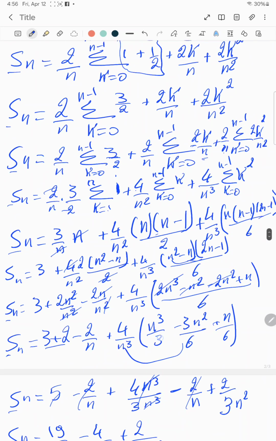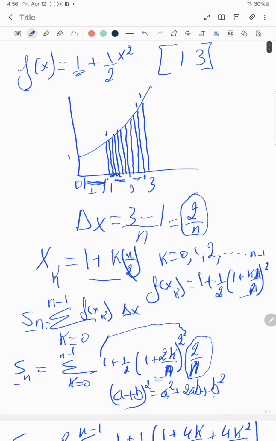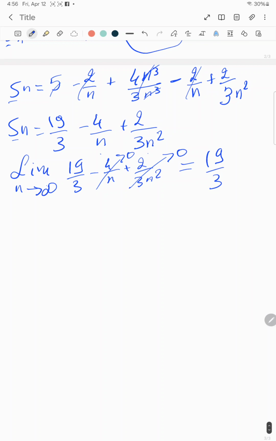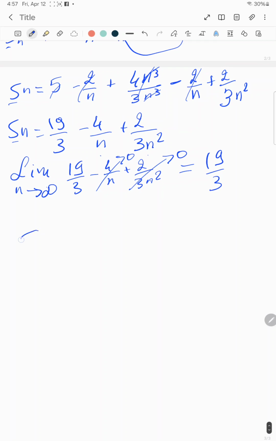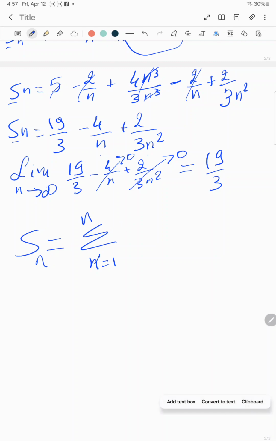If I want to calculate the upper bound, instead of starting by 0 and ending by n minus 1, I will start by 1 and end with n. The area would become Sn equals the sum of k equals 1 to n of f of x delta x.